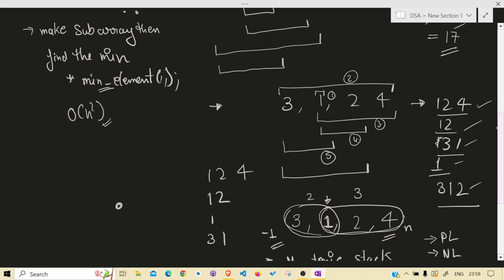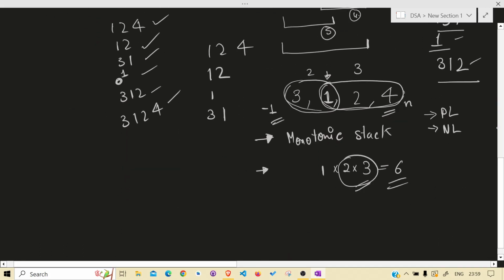I can see only 5. 1, 2, 4; 1, 2; 3, 1; 1, 3; 1, 2, and 3, 1, 2, 4. 6 subarrays.